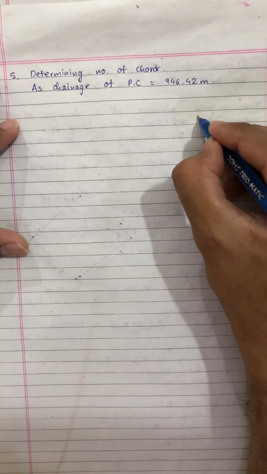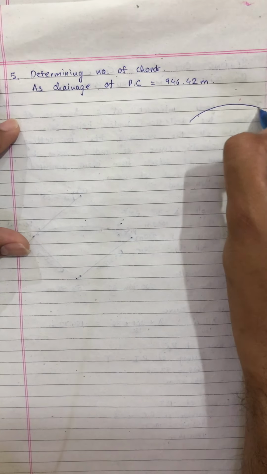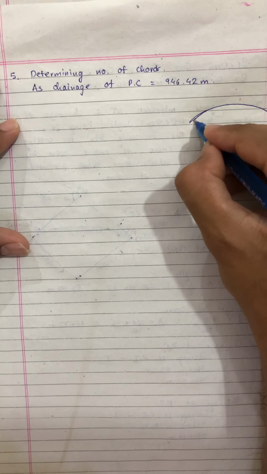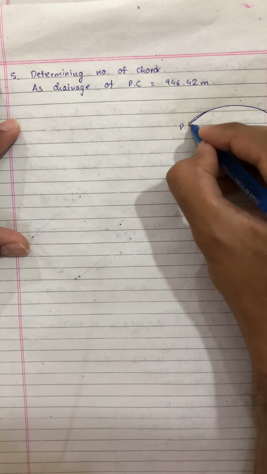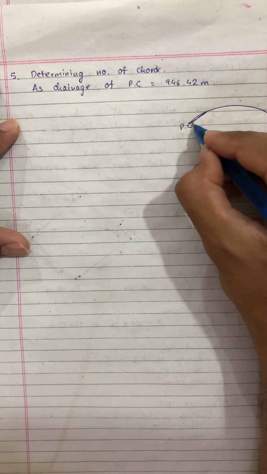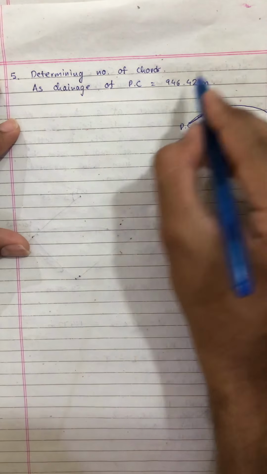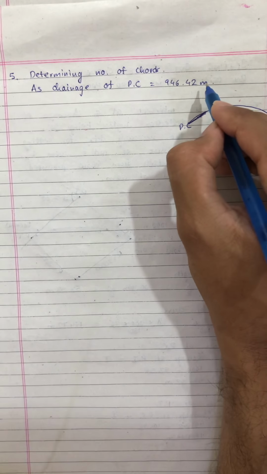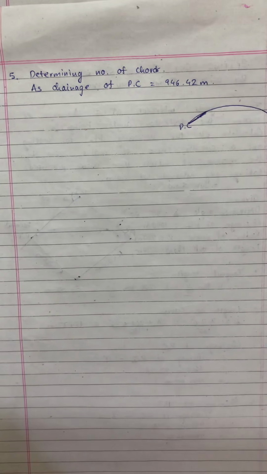This is PC, and here we will get the initial chord. So let us take this as 950 meters.